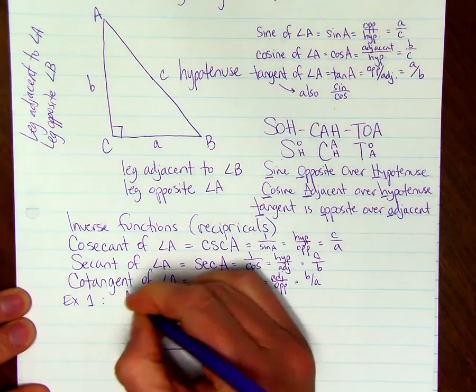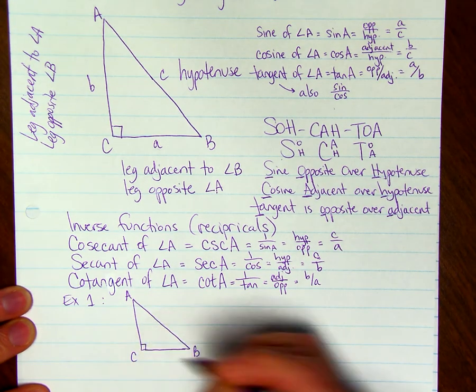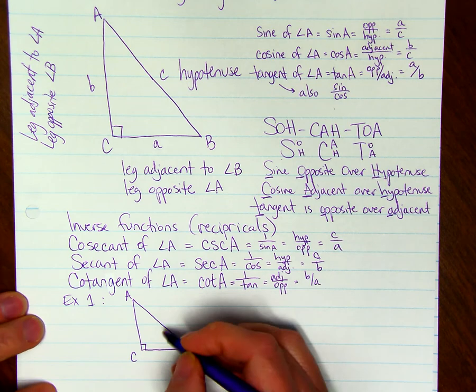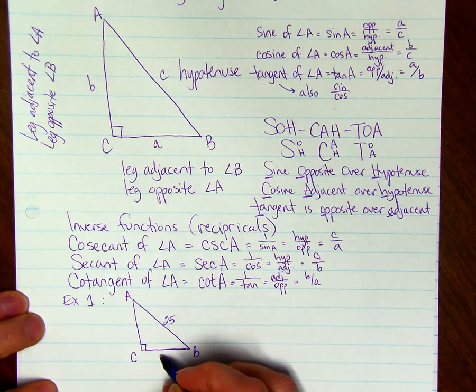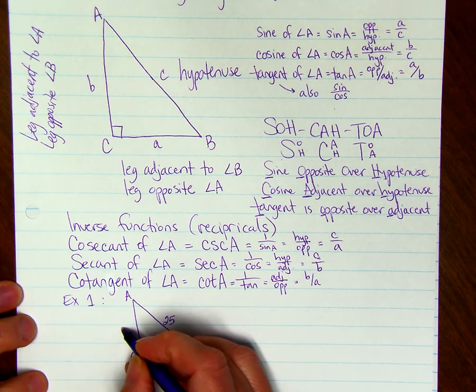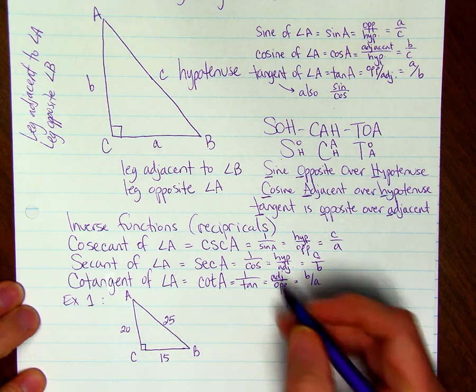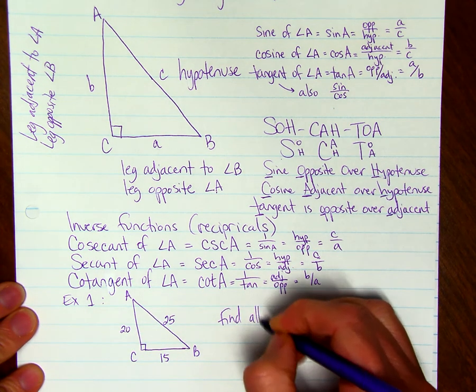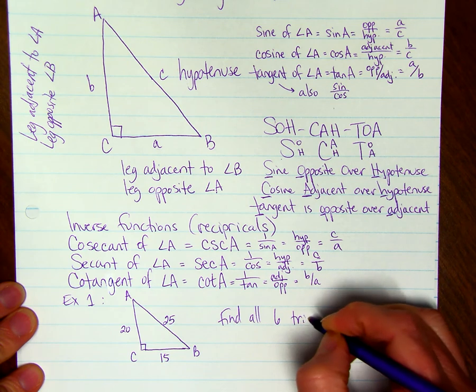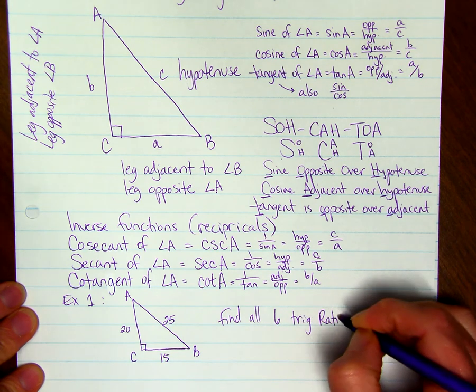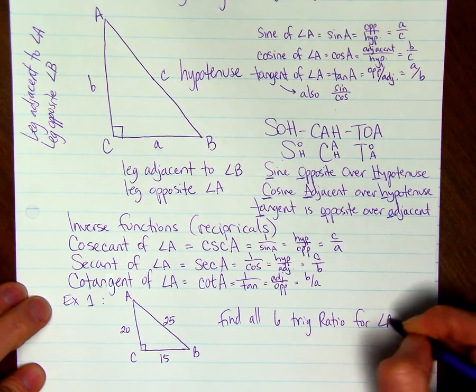We're going to draw it just like we did in our notes. ABC, little c, or the hypotenuse, is 25, CB is 15, and AC is 20. Find all 6 trig ratios for angle A.